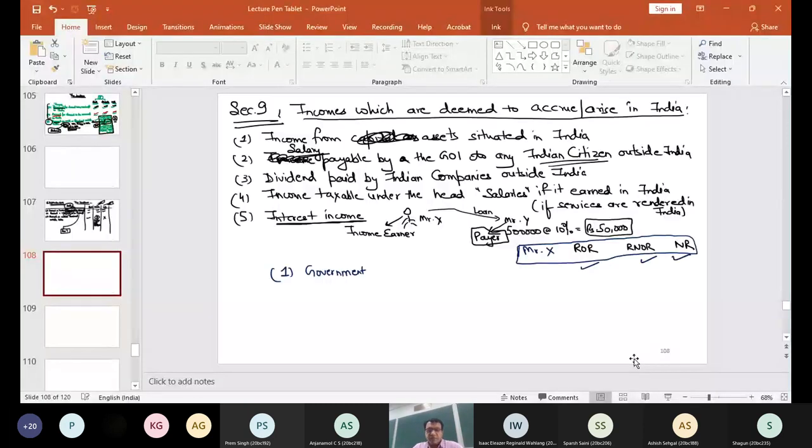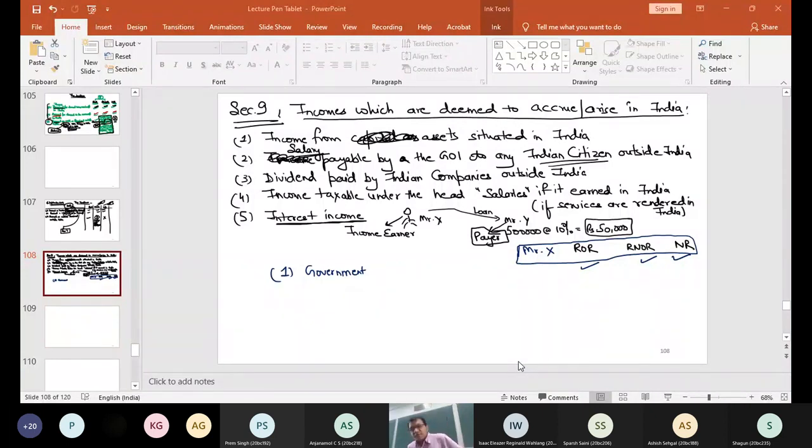Please raise your hand if this point is clear, that interest income is earned from the government too. It doesn't mean that the government doesn't take loans. Government also takes loans. Government also needs to fund borrowing expenditures.